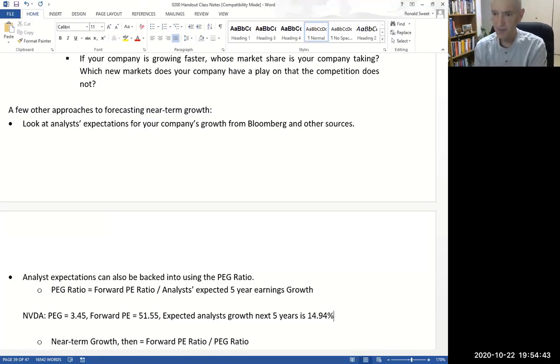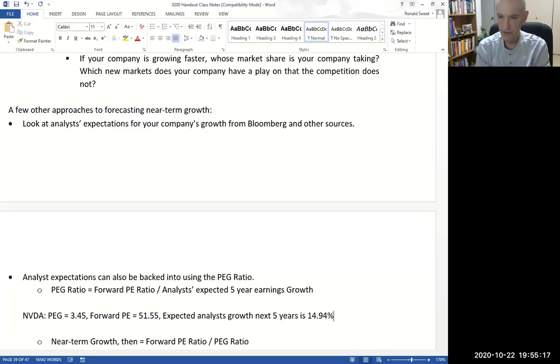They don't do it in decimals; they multiply by 100, so it's 14.94%. So whoever's doing NVIDIA, you could definitely use that as your short-term growth. That's only the next 5 years, so you might need to think further ahead than that. Who knows where autonomous vehicles will be 10 years from now, 20 years from now, or the other things that NVIDIA is really big into. So there's one way to do it.